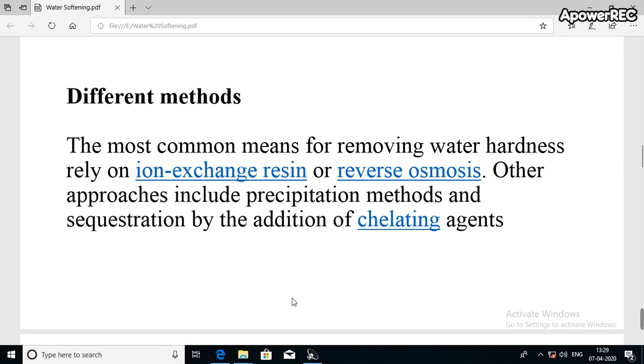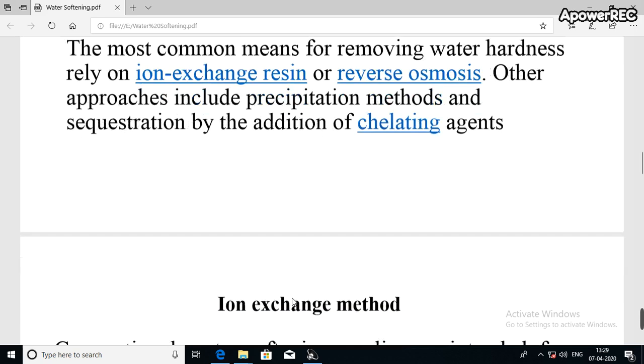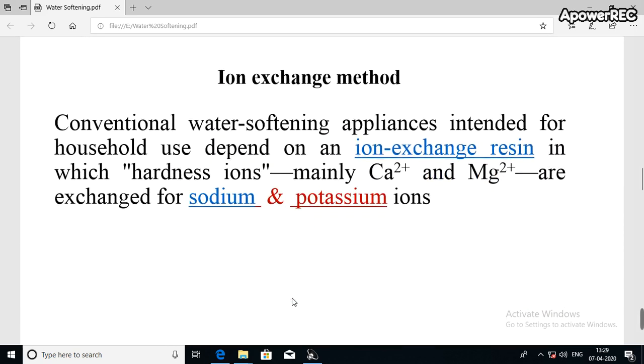Obviously, we have mentioned ion exchange reactions and reverse osmosis as processes. So, we will need to understand the different methods. First of all is the ion exchange method. Obviously, mainly Ca++ and Mg++ are the two cations which are present.